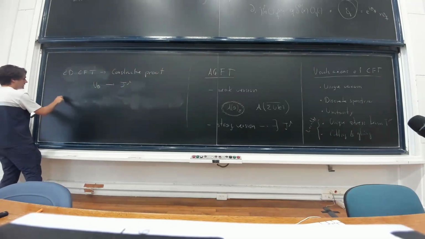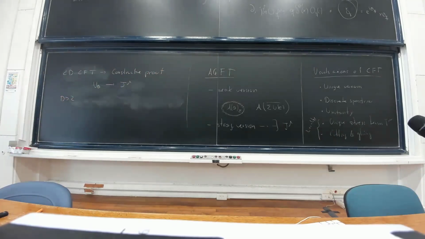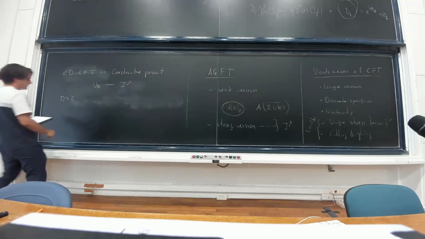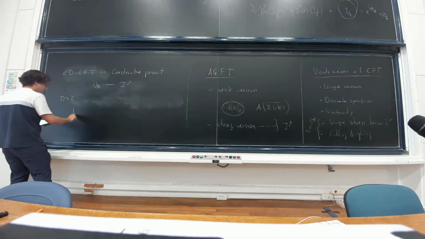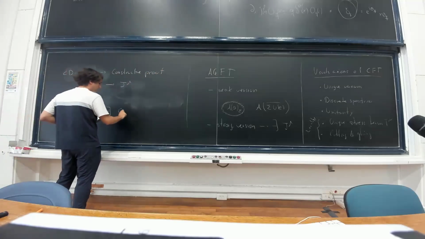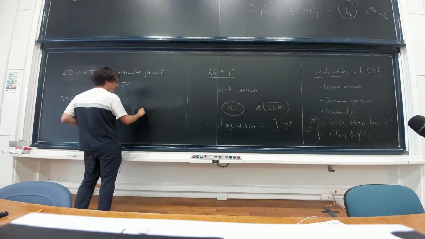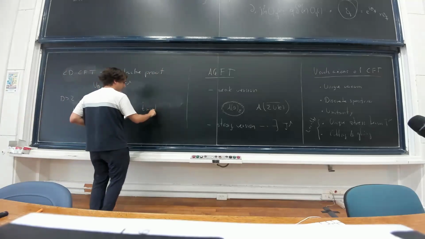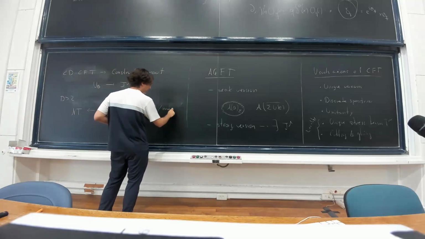Okay, for d greater than 2, I won't have a full constructive proof, but we can prove that there is an equivalence between Noether's theorem and the existence of dimension 2 twist or monodromy operators. Defects, sorry.